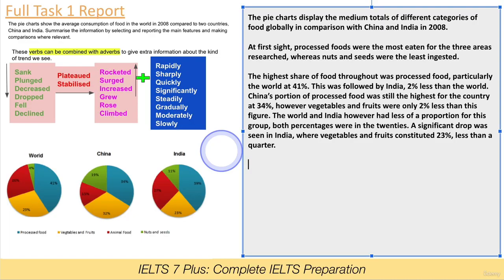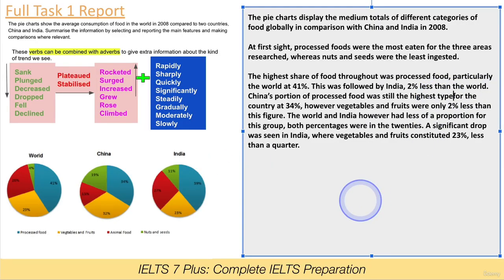Let's read it back and see how we're doing. The highest share of food throughout was processed food, particularly the world at 41%. This was followed by India, 2% less than the world. China's portion of processed food was still the highest for the country at 34%, maybe the highest type.